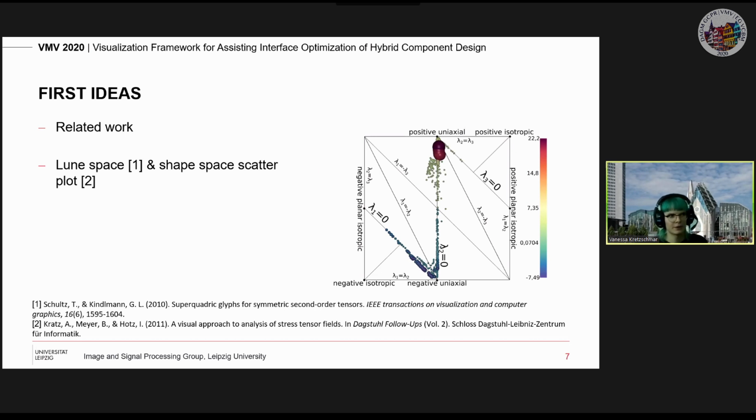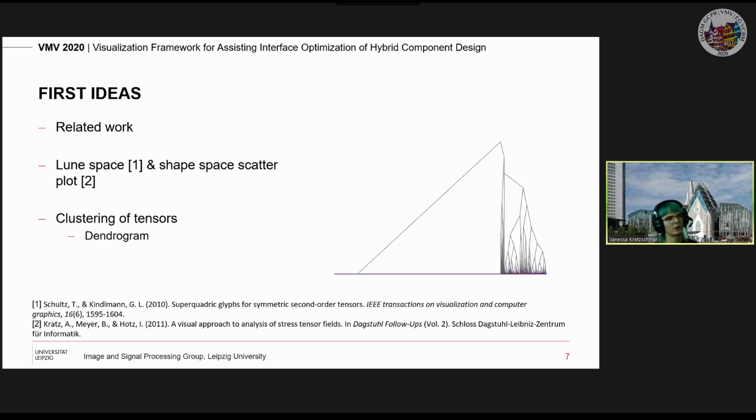Although these tools gave an overview over the whole tensor field, they don't cover the information over a whole tensor field ensemble properly, as we would need to render such diagrams at every position, and this would lead to clutter and occlusion.